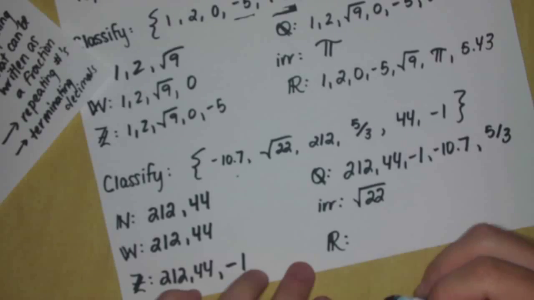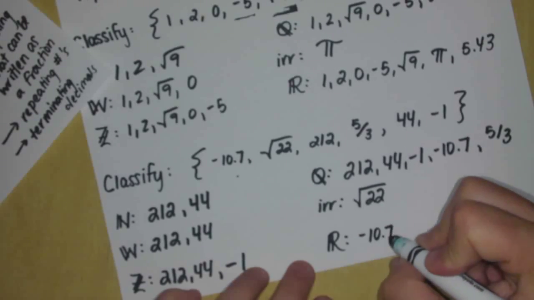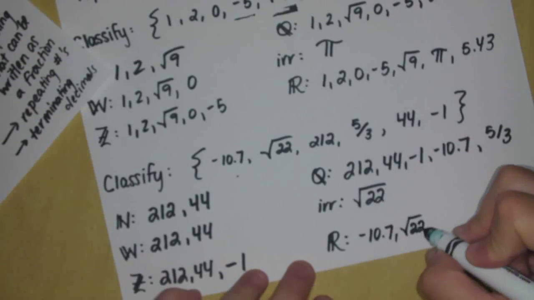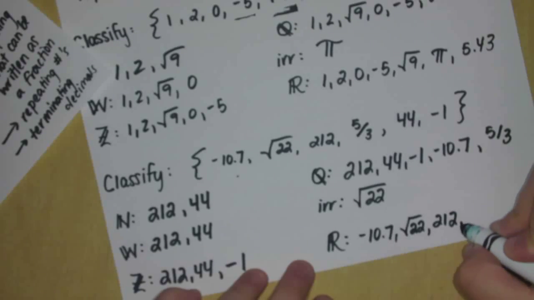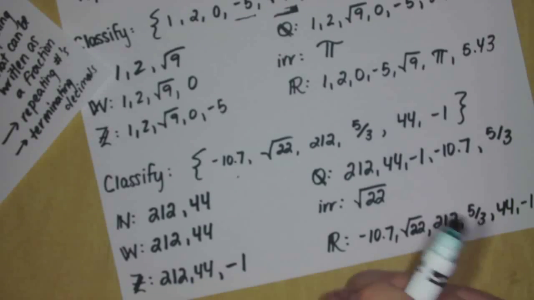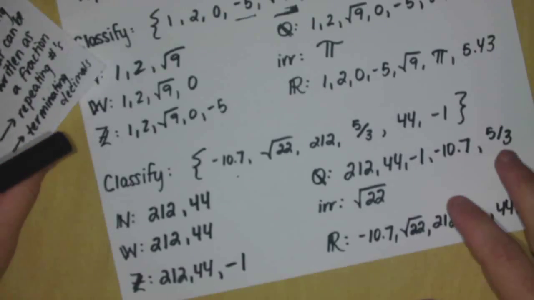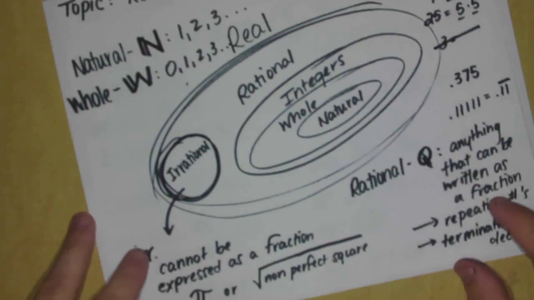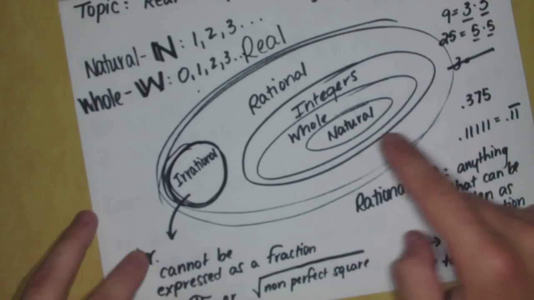And so then when I get to real, real would be all of the numbers listed above. That's always the easiest one to classify. Everything you're going to talk about in Algebra 1 would be a real number, unless your teacher feels you guys can hear about these numbers called imaginary or complex, which would be completely different. But for right now, let's stick to the real numbers, and don't forget your circle here. Thank you.